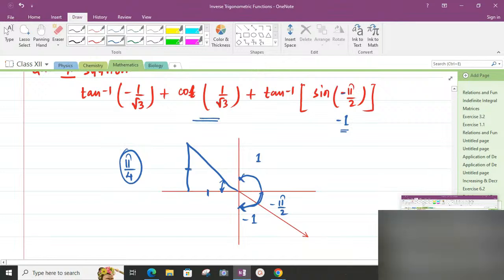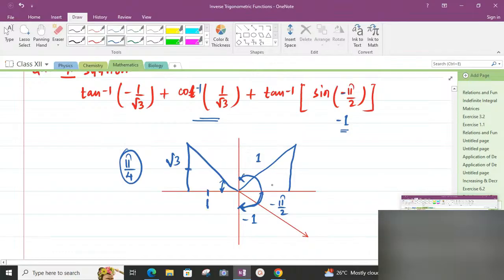Similarly, cot inverse 1 by root 3. The value of cot here will be B by P. So here P equal to 1 and B equal to root 3, both have the same sign, so this one lies in the first quadrant.